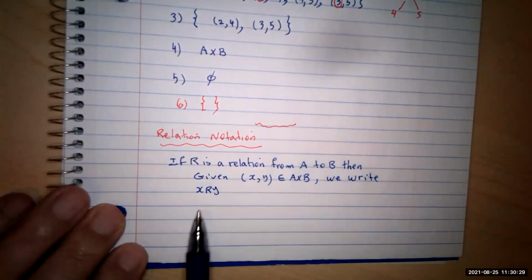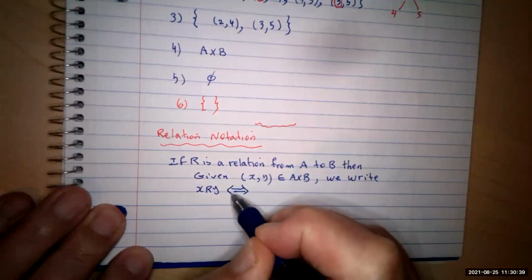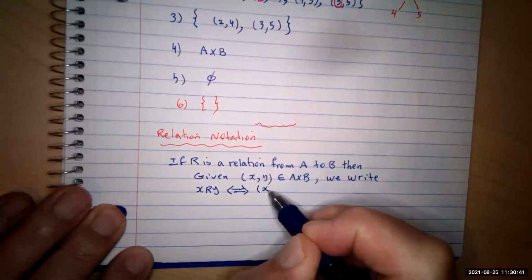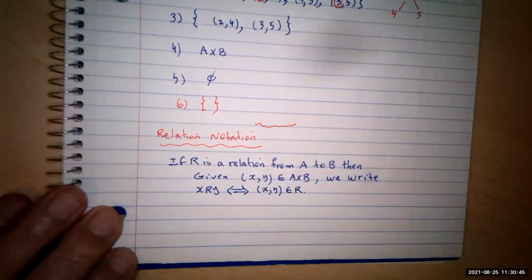You see, you have to put the relation here. If the relation is R, you put the R. If it's F, you put the F. So we say that x is related to y by R. This means, if and only if, this ordered pair x, y is in your relation.